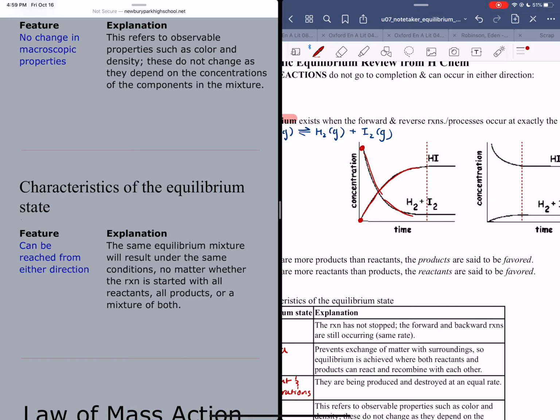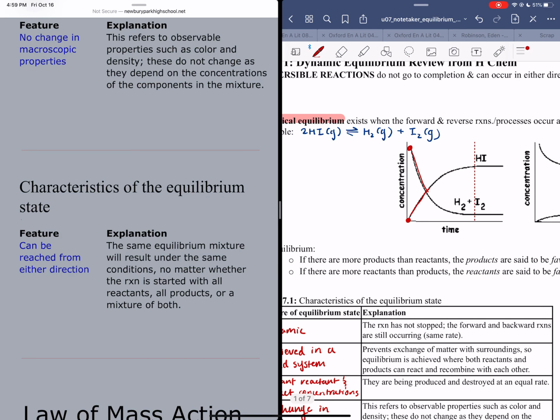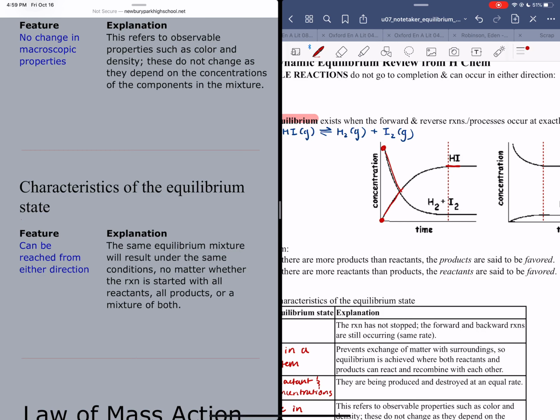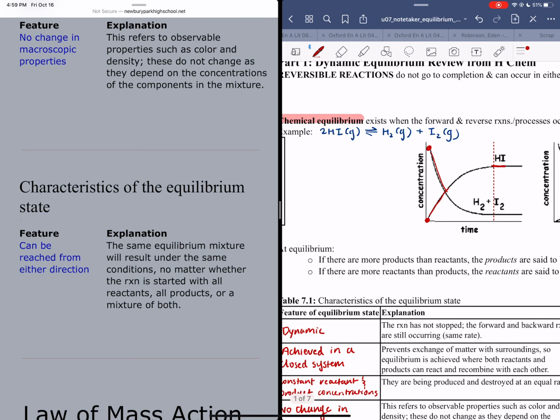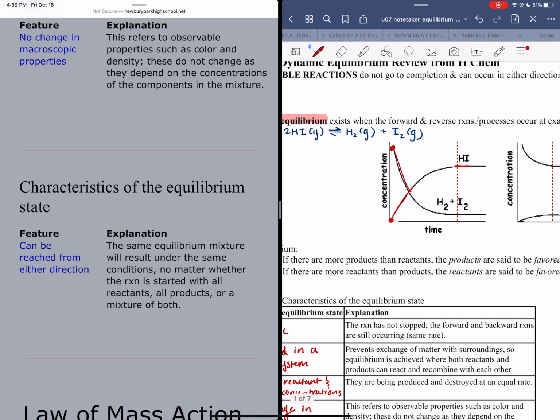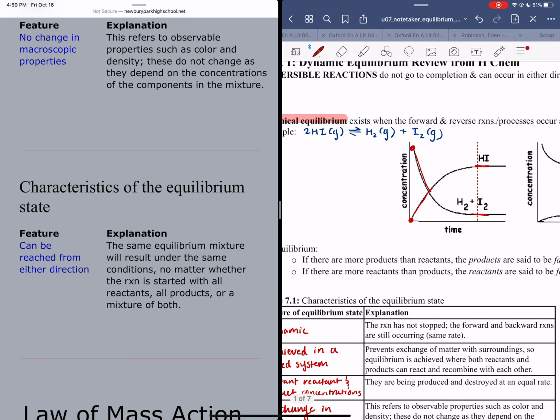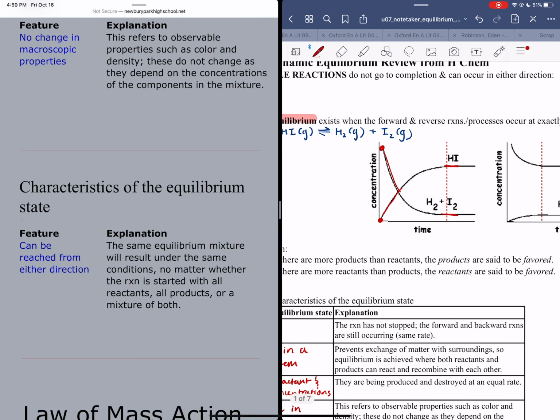Eventually, however, the concentration of HI plateaus. It stays the same, while the concentrations of H2 and I2 also plateau. This indicates equilibrium because one of the criteria we said defines equilibrium is the fact that the concentrations don't change.